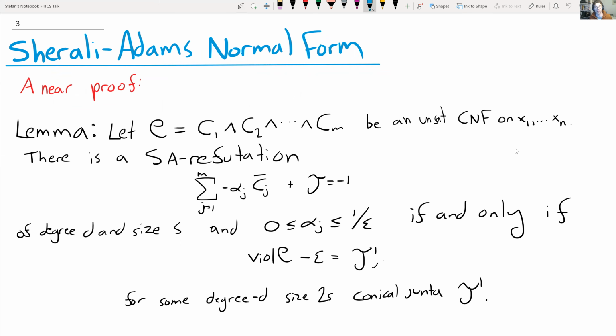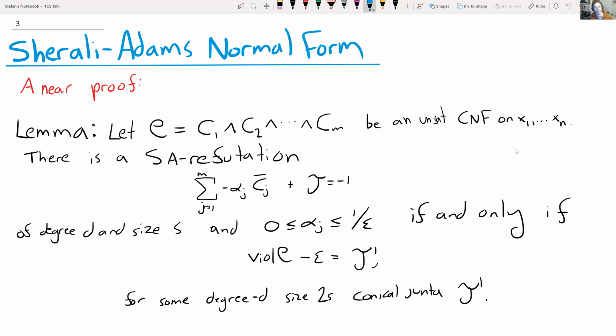If you were to have a CNF on M clauses and N variables, and if we were to have a very special Sherali-Adams refutation, namely that the negated clauses are not multiplied by anything other than real coefficients, if we were to have such a Sherali-Adams refutation of degree D and size S, as well as bounded coefficients, 1 over epsilon at most, then this means that we also get the violations of C minus epsilon is a conical junta. Specifically, this conical junta will also have degree D, so no blow up on degree, and multiplied by 2 for size.